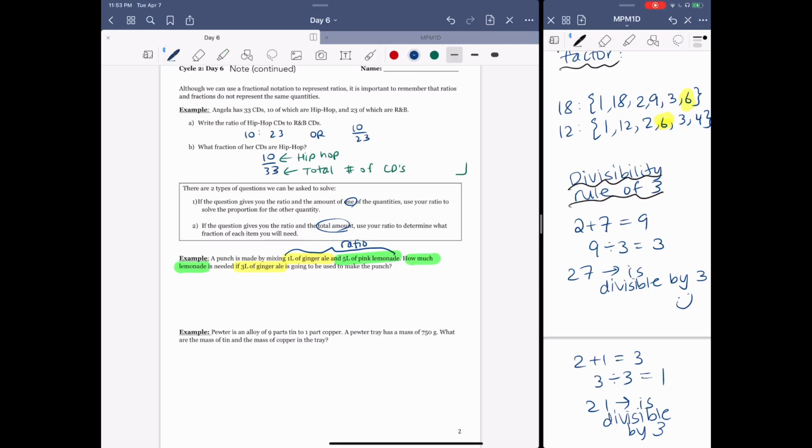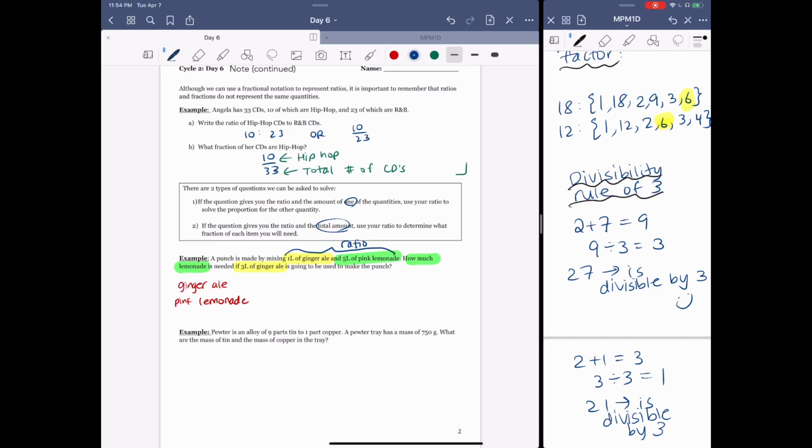So recall from the previous lesson, I try to use these invisible units. So let's say one of them I have as ginger ale, and the other one as pink lemonade. So really I'm saying the ginger ale is my numerator and pink lemonade is my denominator. Does it really matter the order?